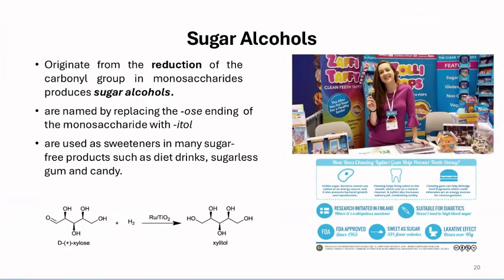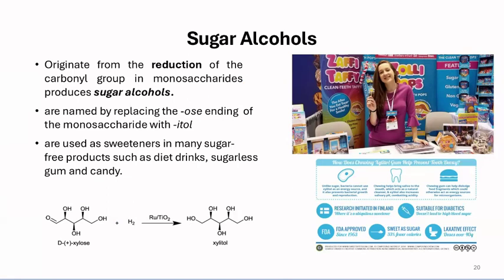Next, let's look at some chemistry, starting with the formation of sugar alcohols. Sugar alcohols are produced in the food industry as a source of sweetness that does not provide calories to the body, meaning that sugar alcohols are not utilized in the body to produce ATP.